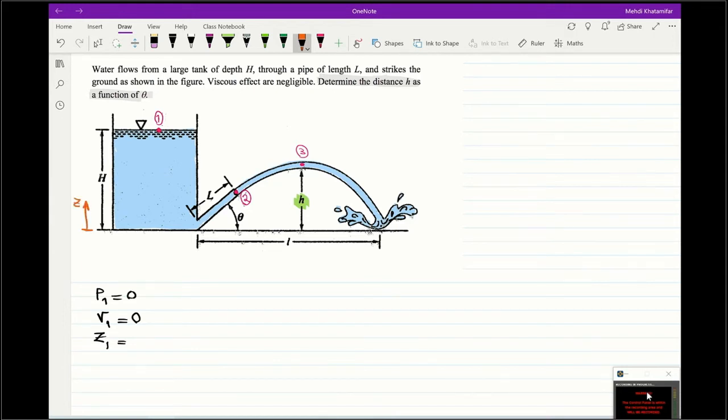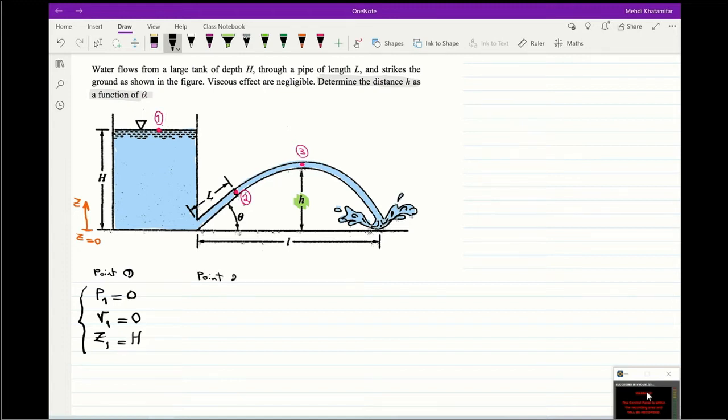So this is the Z direction, and Z here is going to be 0. Because of this selection, Z1 is going to be capital H. Now I have all the necessary information for point 1.